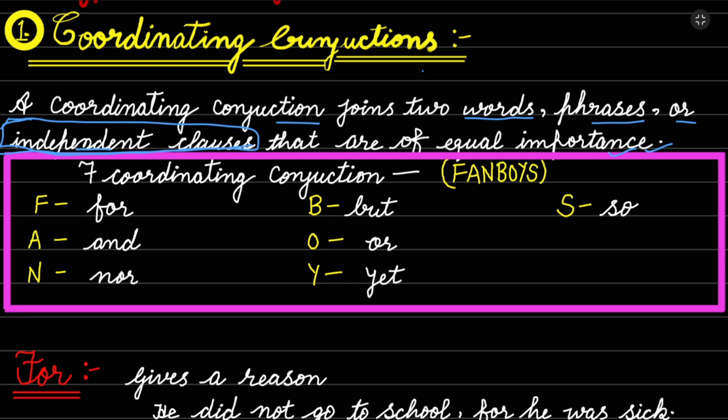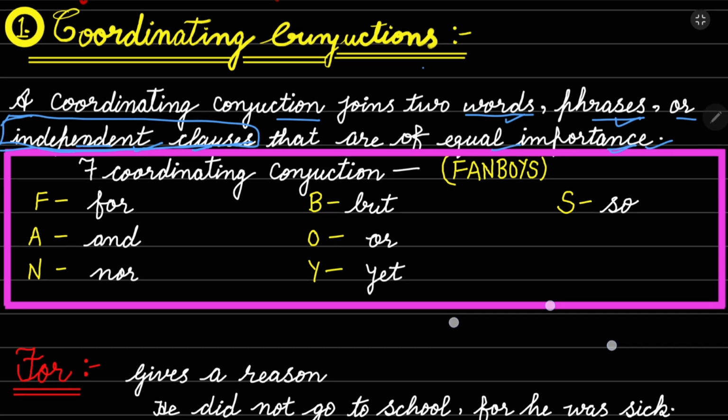What is coordinating conjunction? It joins two words, two phrases, or two independent clauses, two clauses that are independent and have equal importance or equal grammatical rank.